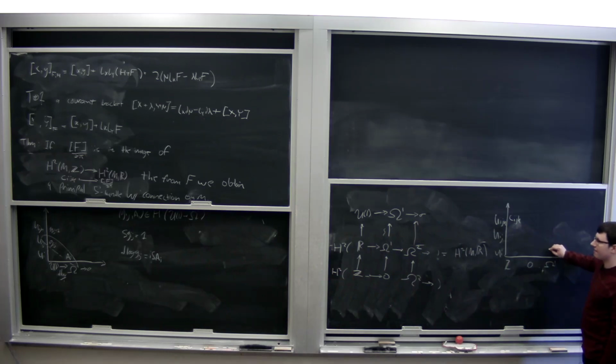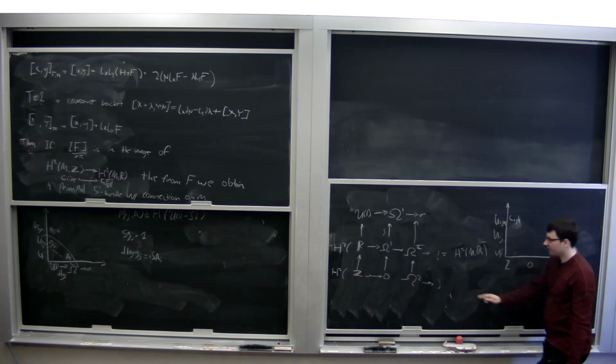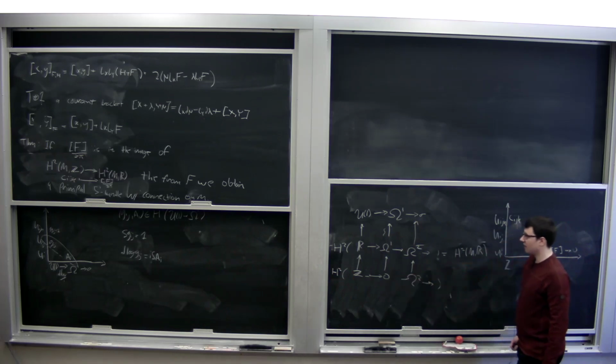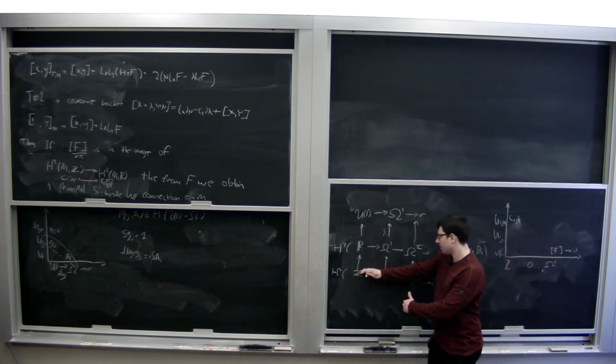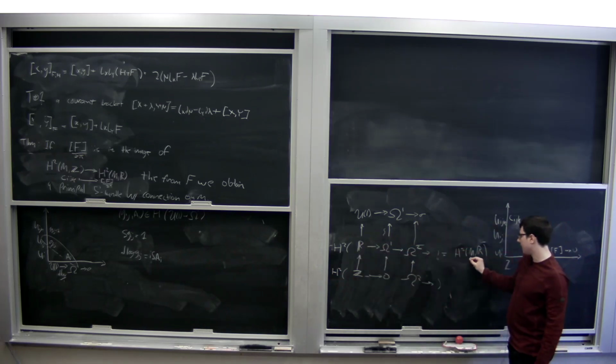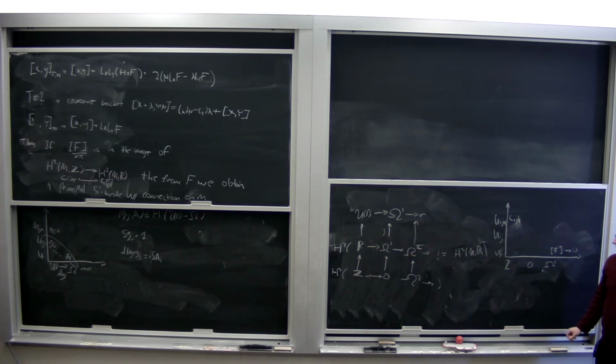So now if I write F here, this maps to 0, and I want to take this class in here and apply the long exact sequence to it to get a class in H2 de Rham. So I'm just going to apply the map to get this in H2 de Rham instead.